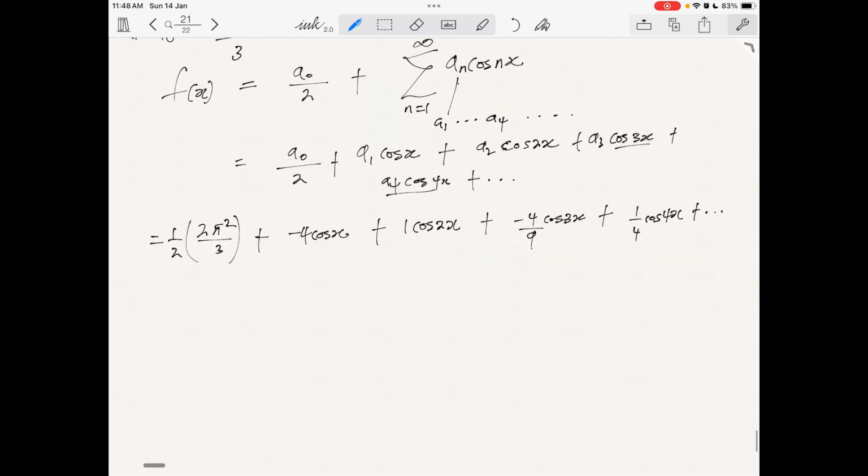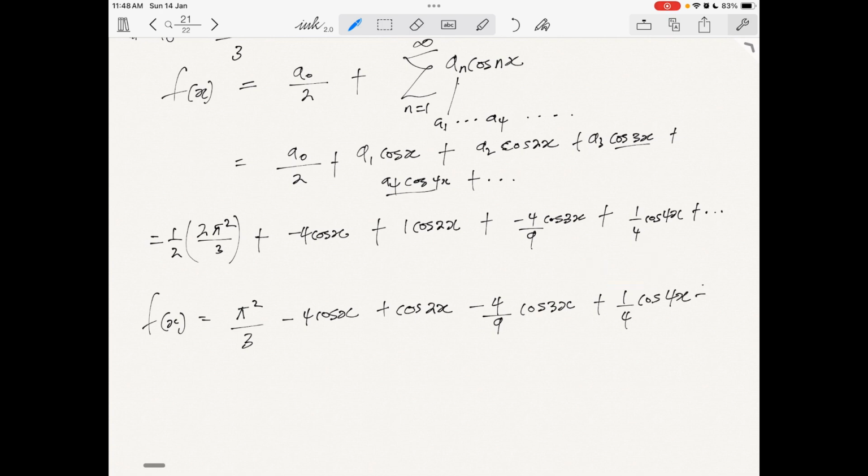Now simplifying further, our f of x will be equal to pi squared over 3 minus 4 cos x plus cos 2x minus 4 over 9 cos 3x plus 1 over 4 cos 4x. Now with that, we have been able to generate an answer for the Fourier cosine series.